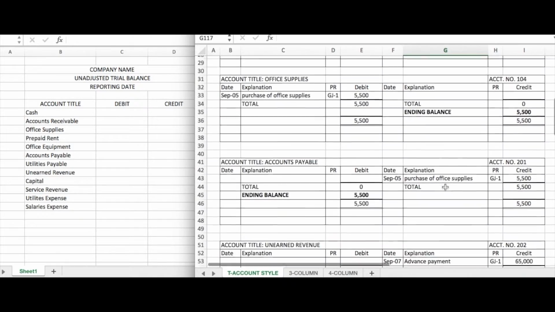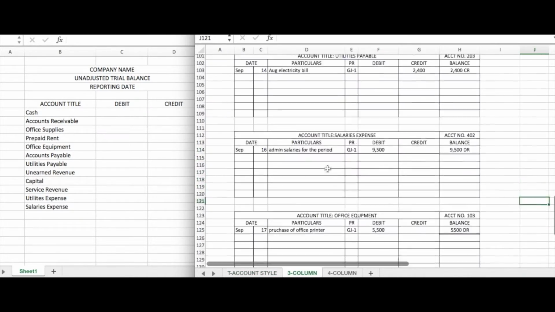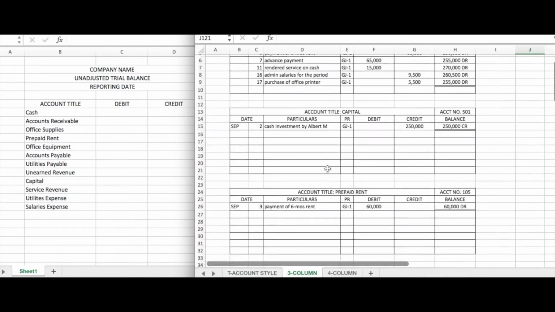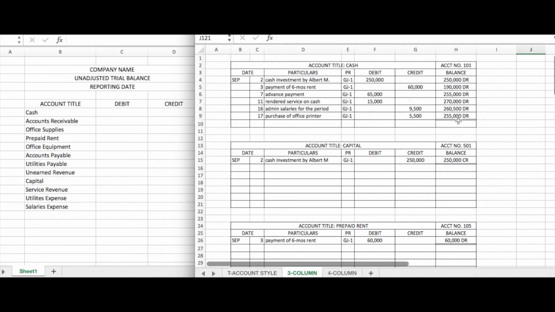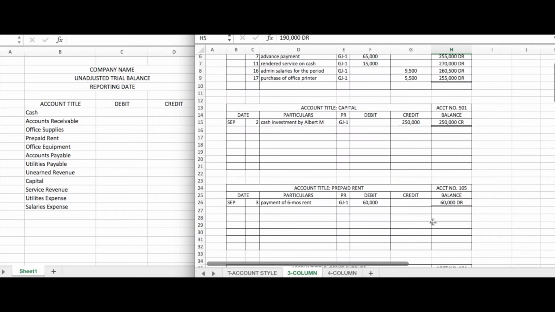While in the three column format, this one is quite easy because every time we put in an amount in the ledger, we always compute the balance. So at the end of the period, you simply have to look at the last line, and then we already have the ending balance.